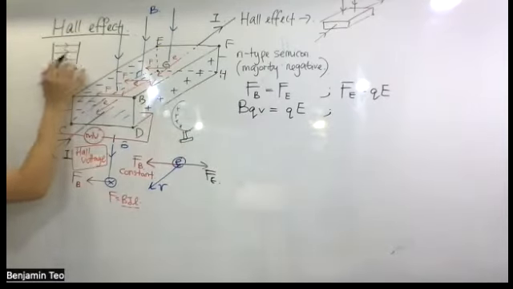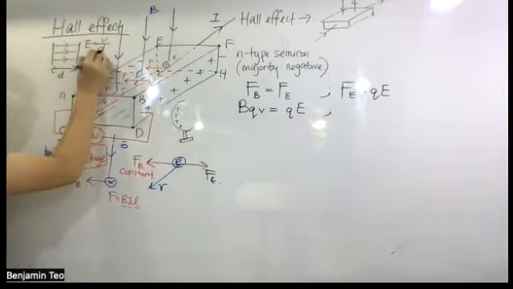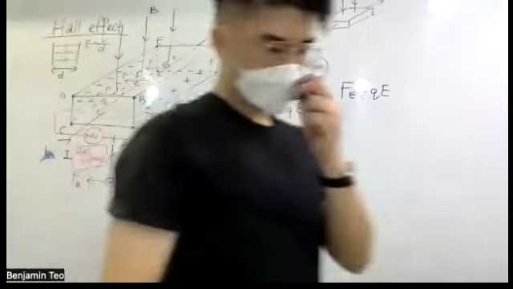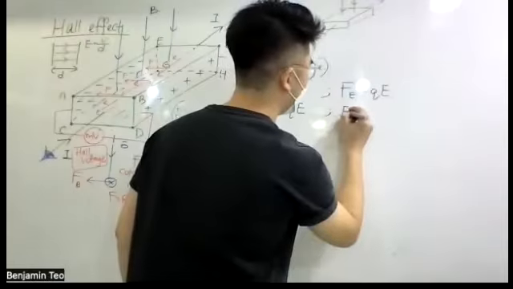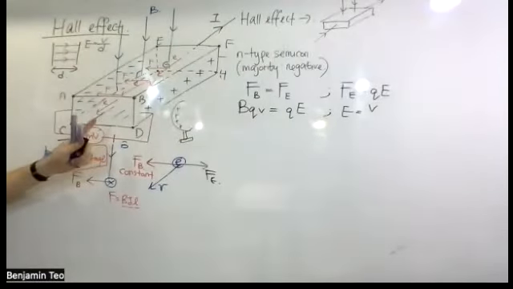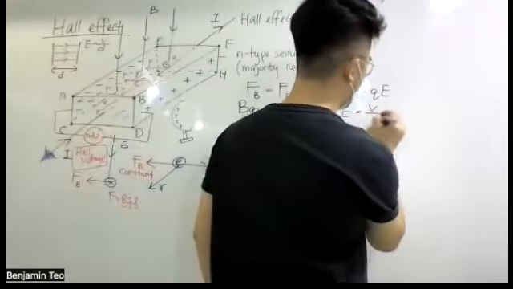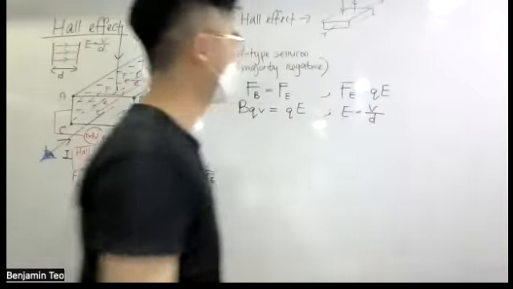Again, this is from the electric chapter. E equals V over d. The electric field strength can be calculated by taking the potential difference between the plates divided by the separation distance d.